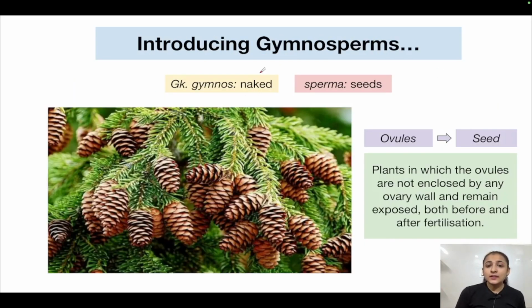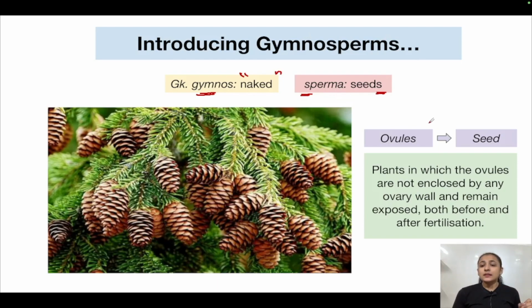We are introducing Gymnosperms here. If we break down this term, gymnos means naked and sperma means seeds, as in spermatophytes, where sperma meant seeds. So these are the plants which have naked seeds, which are not covered by a fruit.